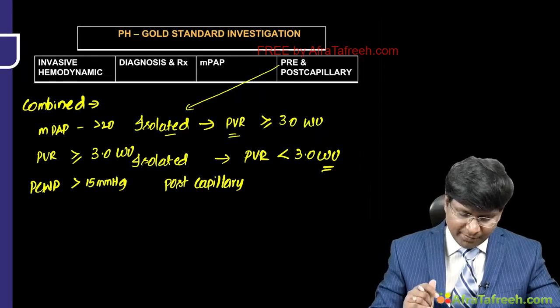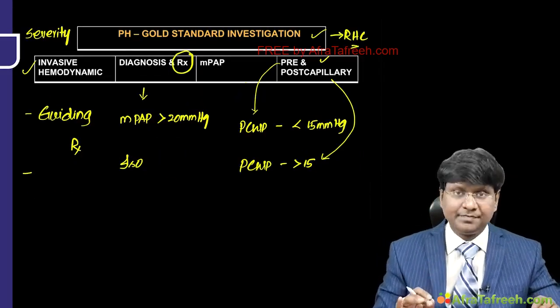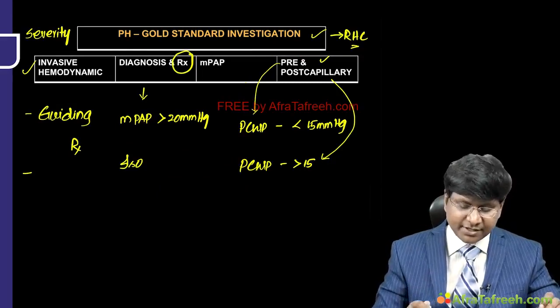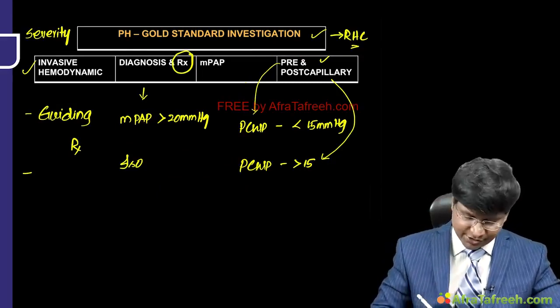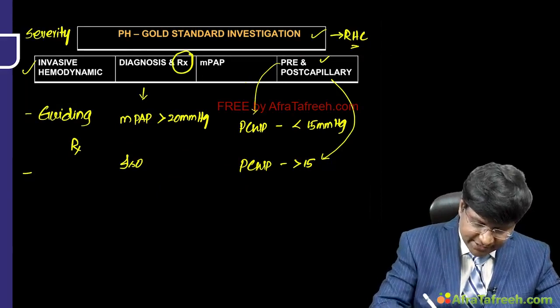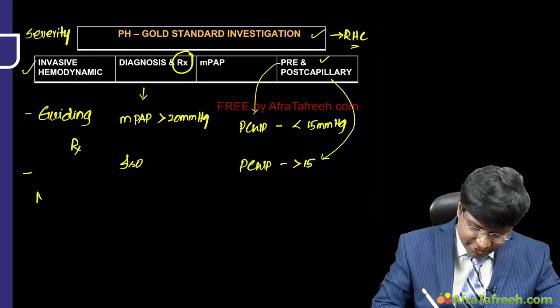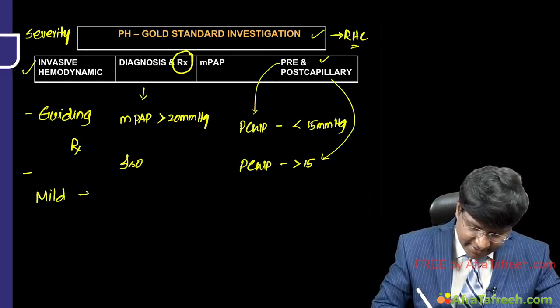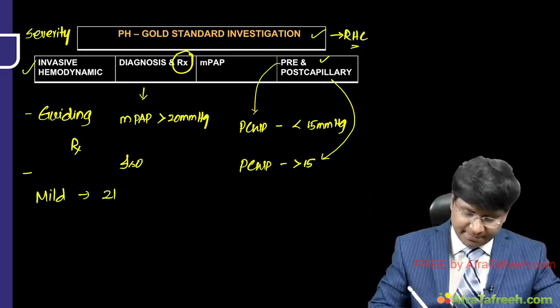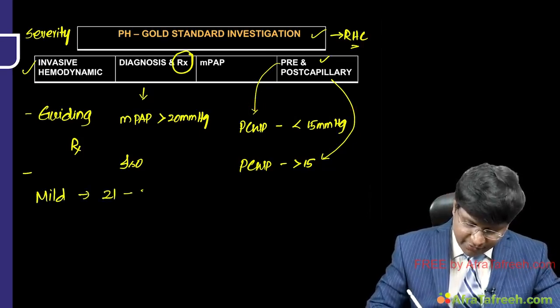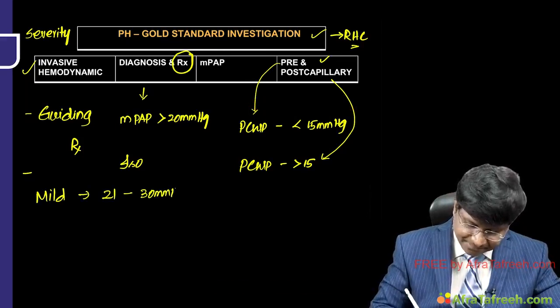And the very important point you need to know is the grading. The grading of the pulmonary hypertension can be done by your right heart catheterization. So when do you call it mild pulmonary arterial hypertension? We use the word mild when the pulmonary arterial pressure is 21 to 30 millimeters of mercury.